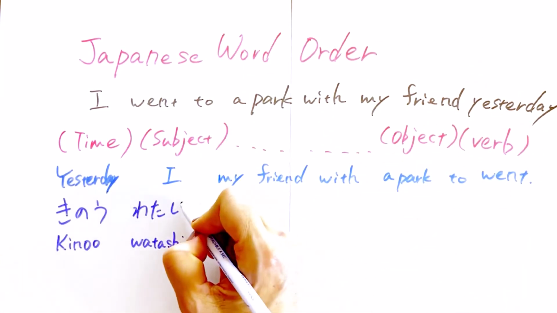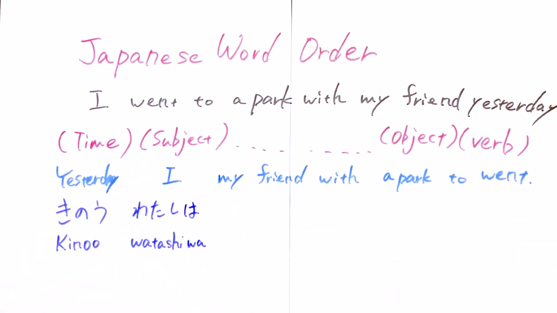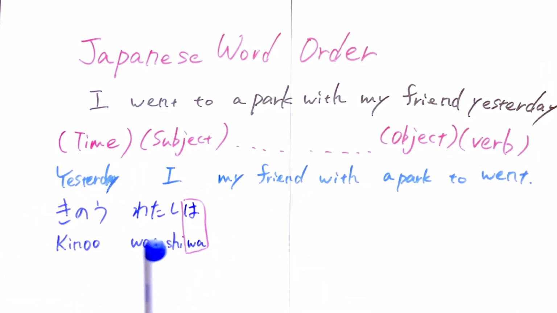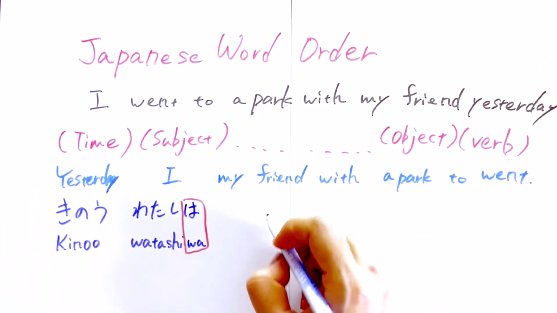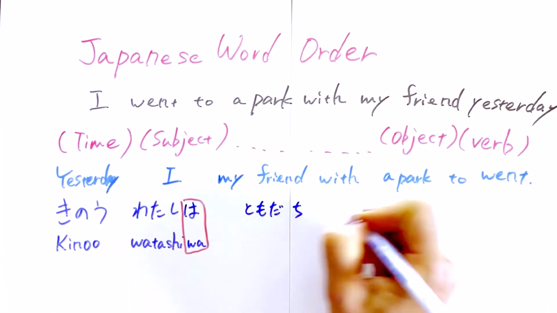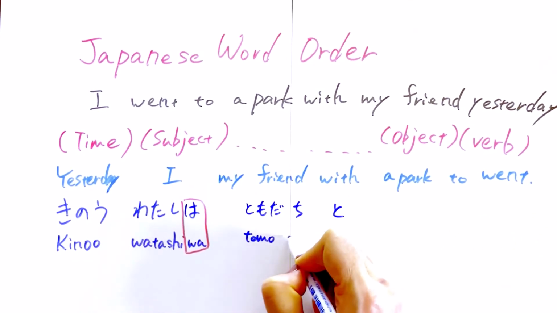Okay, so watashi wa, we use wa. So this is a bit special word in Japanese language, so I show you in red. And then my friend, tomodachi, we normally don't mention my, tomodachi, and then with is to, okay, tomodachi to.